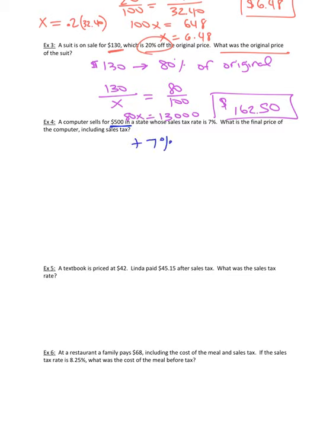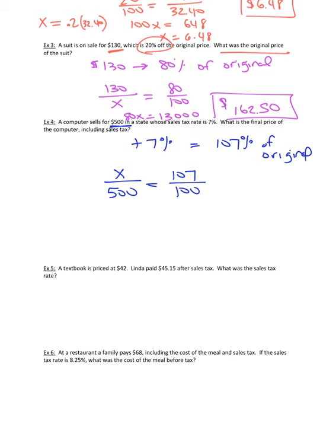So we actually want to know 107% of the original price, which is $500. So we want to know what is the price out of 500 if you figure out 107%, because you want to add on that 7%. Okay, out of 500 as your original total.